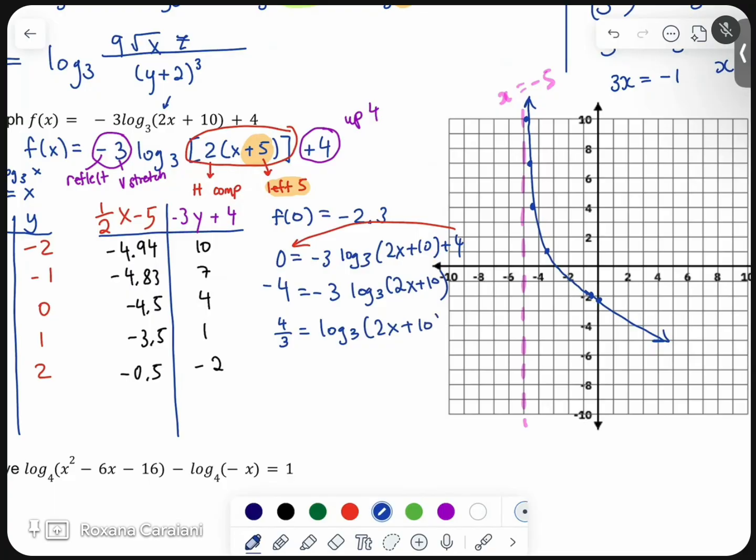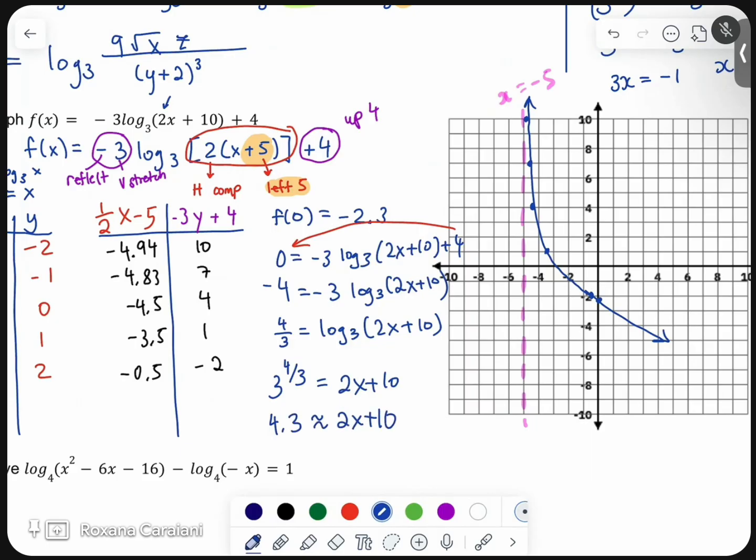The minute I have a log equals a number, I can convert it into exponential form. So the base will stay the same. So it's going to be 3 to the power of that 4/3 equals 2x plus 10. I am just going to plug 3 to the power of 4/3 in my calculator to get approximately 4.3, let's say.